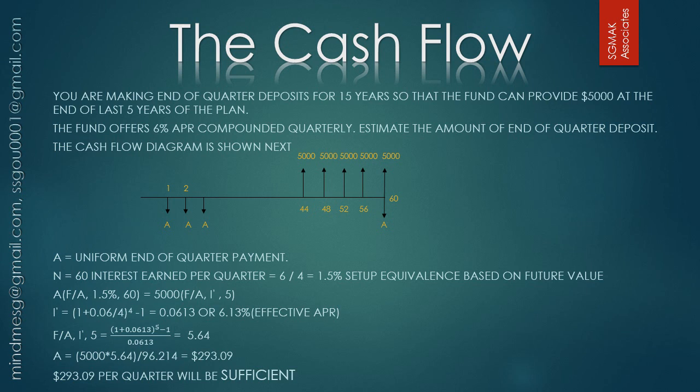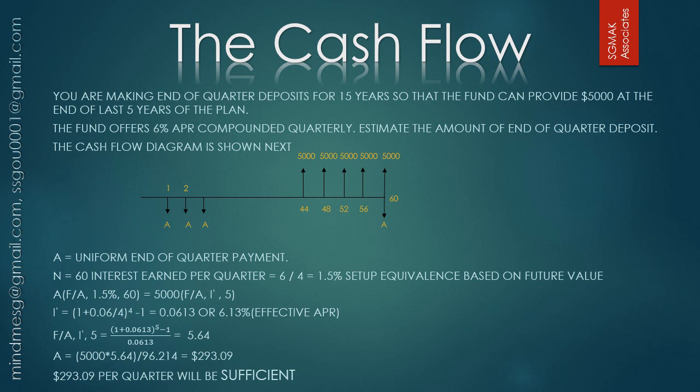That's the effective annual interest with 4 compounding periods and 1.5% per compounding period. And that comes out to be 6.13%. That's the effective annual percentage rate. With that number, your F over A factor comes out to be 5.64. So solving the equivalence equation, we get the annuity payment comes out to be $293.09.